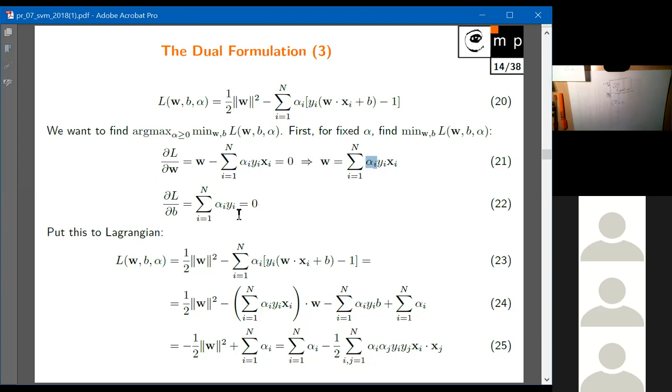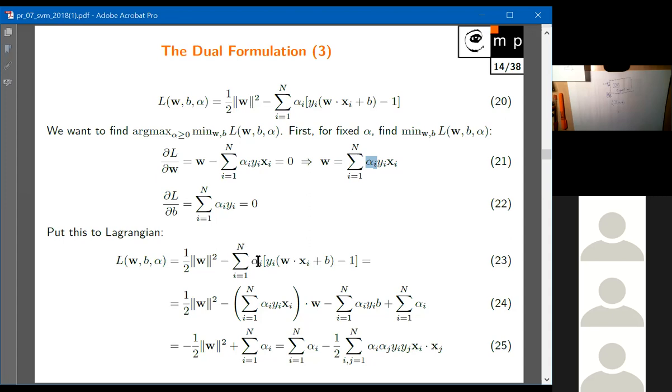So fine. Let's put this back into formula 20. We start, so this is just a copy. First we slightly rearrange these things, distributing the alpha.